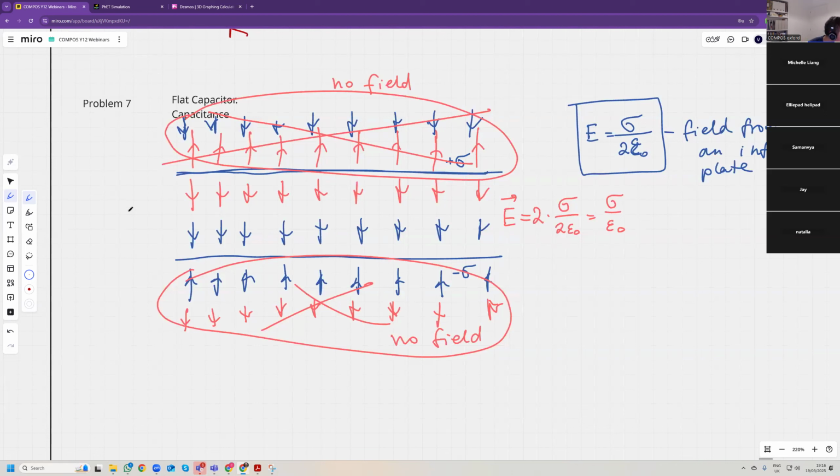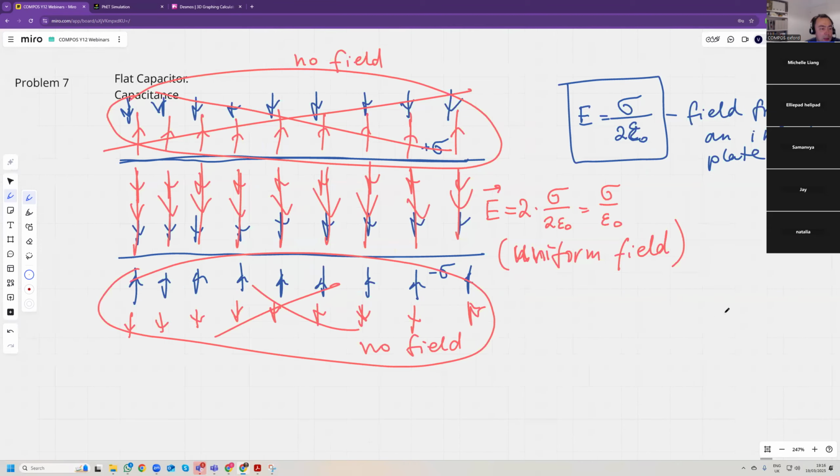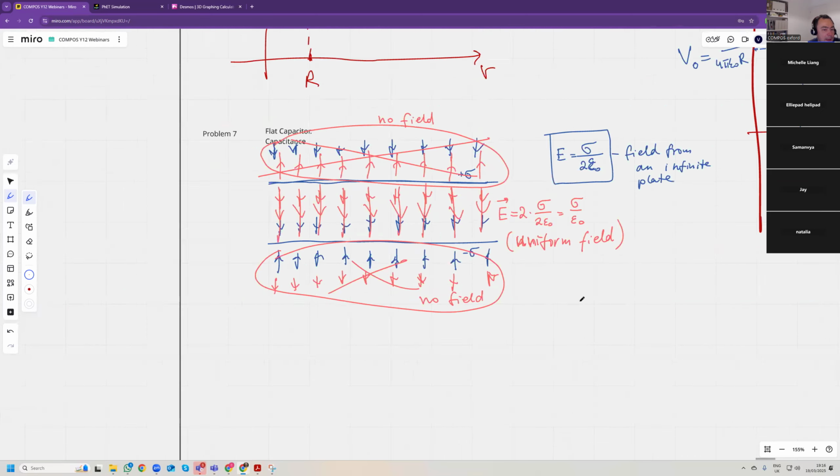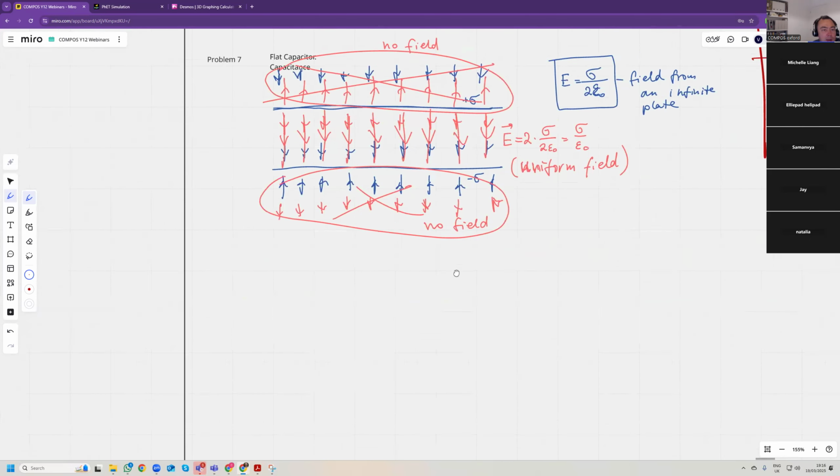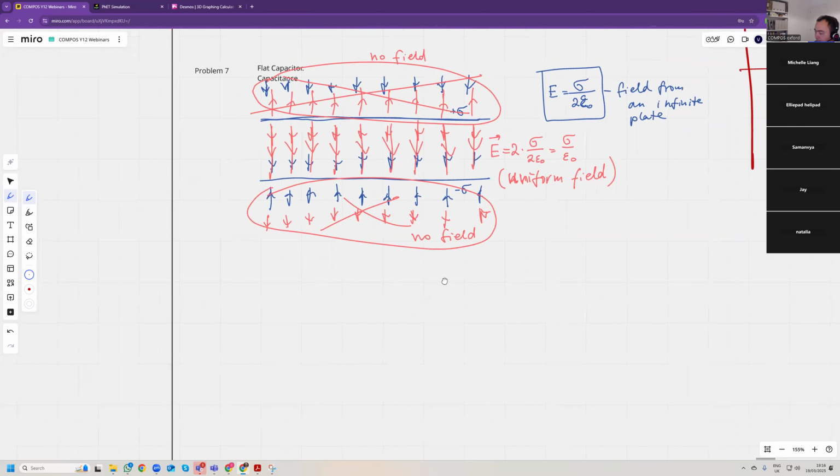And this is what we called a uniform electric field. Okay. Capacitance.